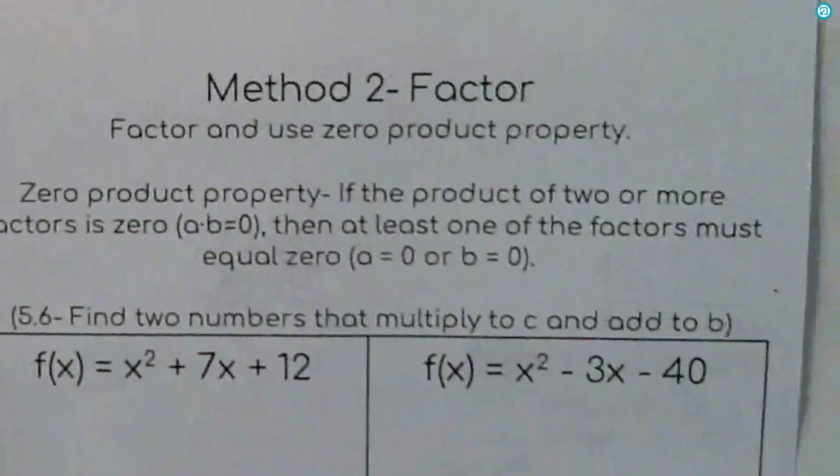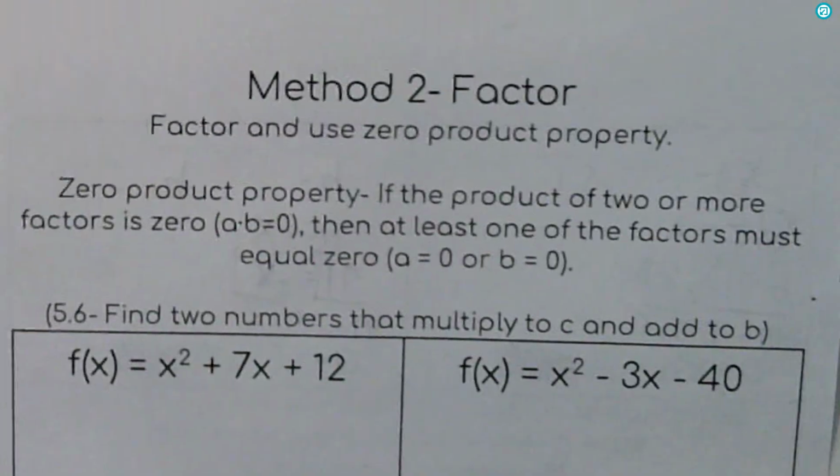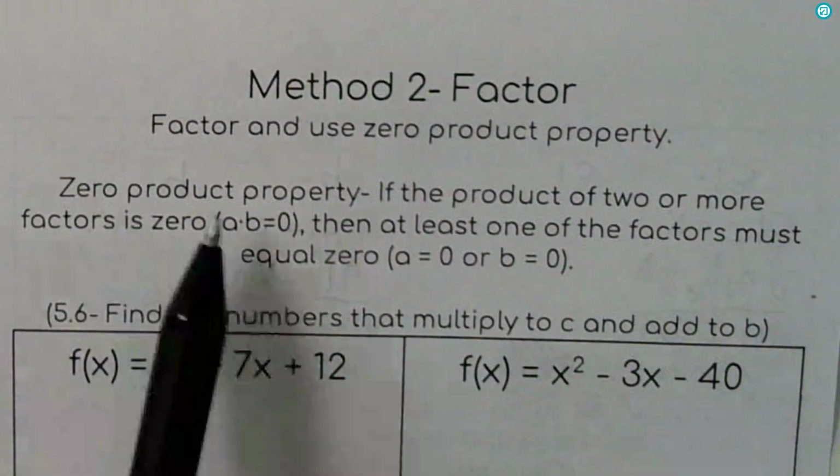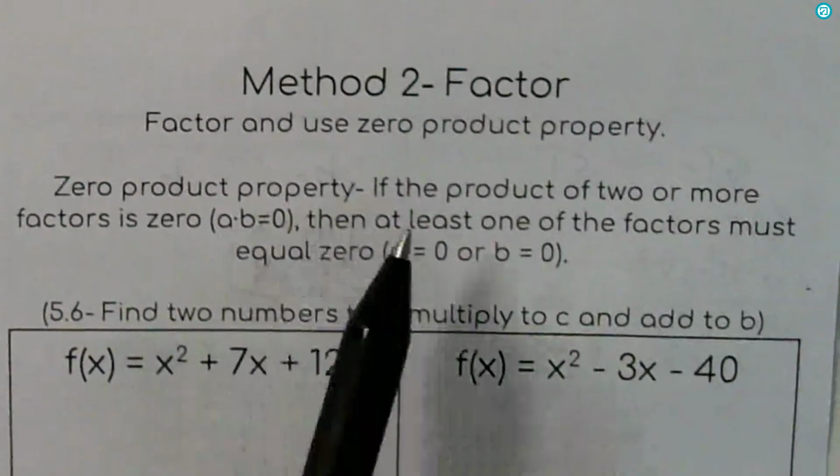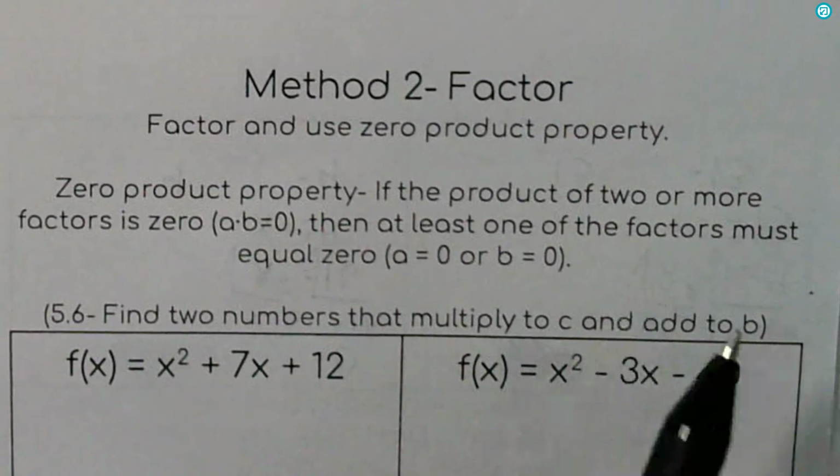The other method for solving quadratics that we are going to look at today is factoring. We can factor and then use the zero product property to find our zeros. The zero product property is if the product of two or more factors is 0.